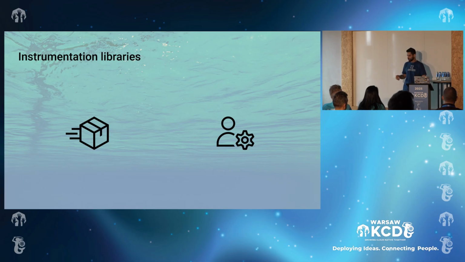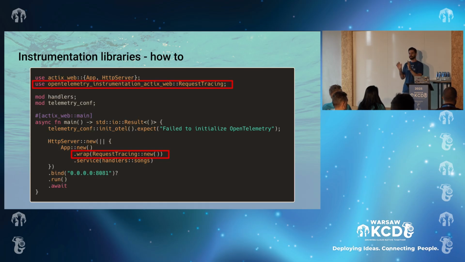I have an example here in Rust, where I'm using a framework called ActixWeb, and there is an OpenTelemetry instrumentation ActixWeb package, maintained by the OpenTelemetry community. I just went to the docs. Okay, I need to add this to my Cargo file, add this dependency and this import.